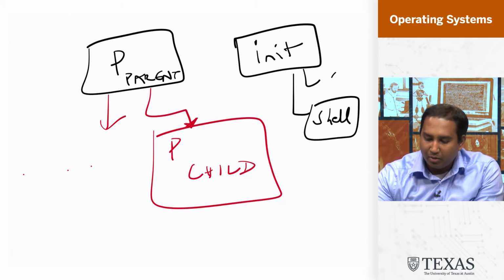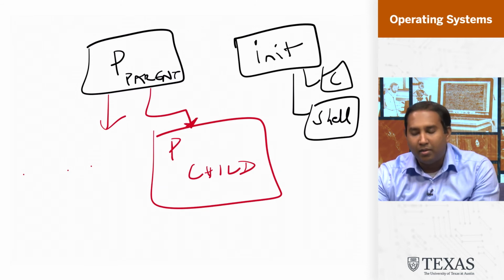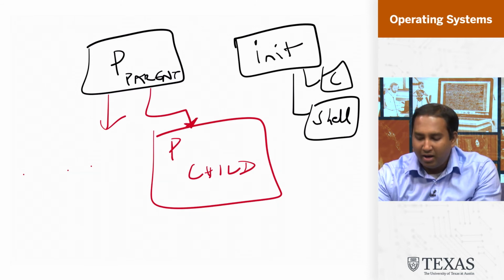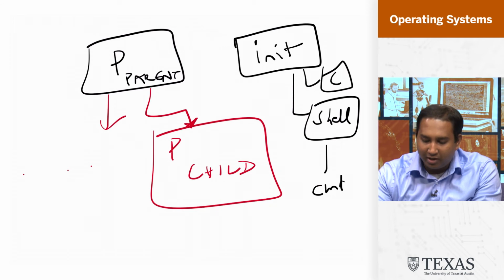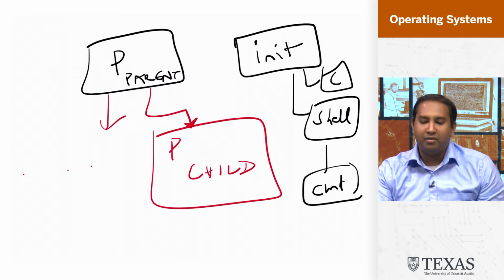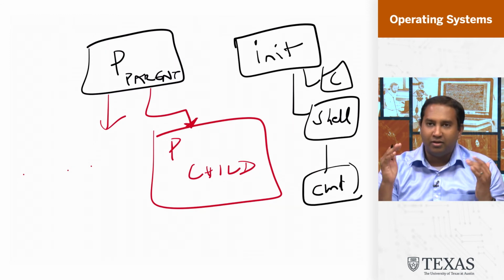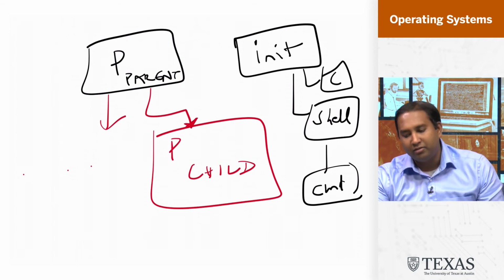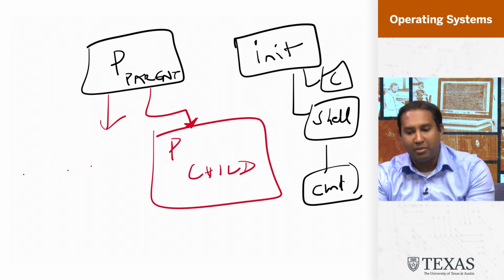Let's say you're running a C program in a shell, and you type a command. That command is usually a child of the shell itself. So you have this hierarchy where init is the ancestor of everything, and it spawns things like the shell, which then spawns other commands.